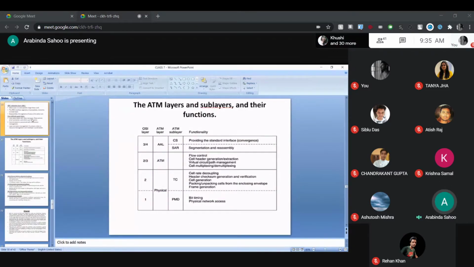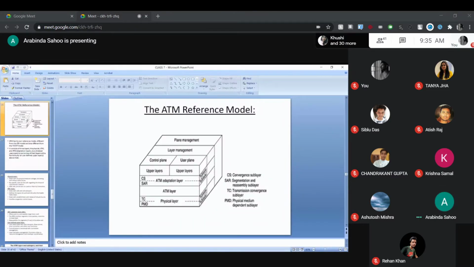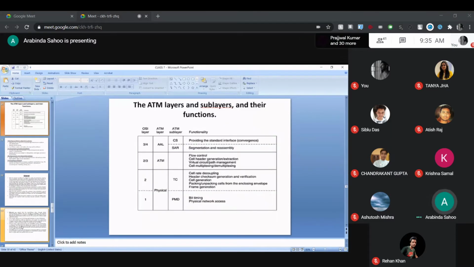The physical layer is divided into two sublayers, the TC, transmission convergence sublayer, and the PMD, physical medium dependent sublayer. And the CS and SAR, the convergence sublayer and the segmentation and reassembly sublayer. We'll discuss all these sublayers one by one.